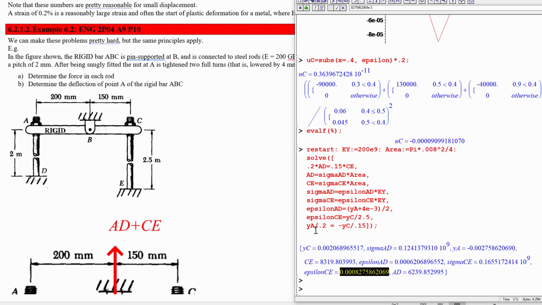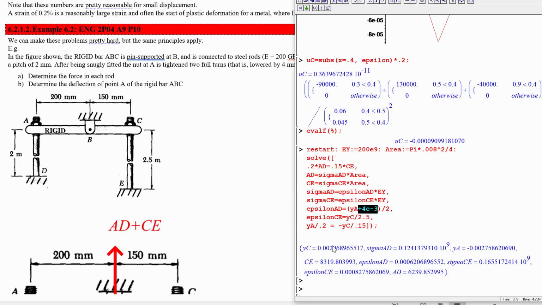That's because of this nut. So we built in this extra 4 millimeters of displacement of this rod if this point doesn't move at all. So it has a 4 millimeter extension, then moved down by 2.7 millimeters. That means it's like 1.3 millimeters of net extension.